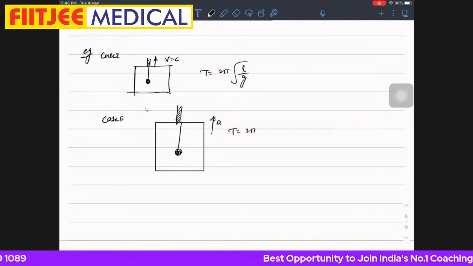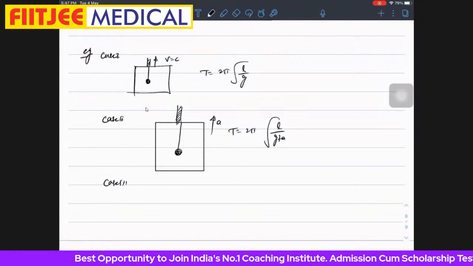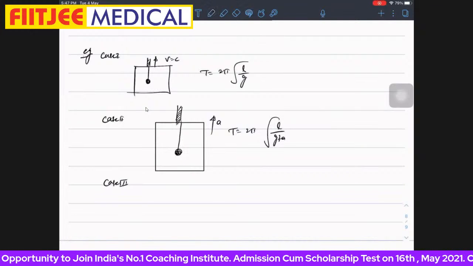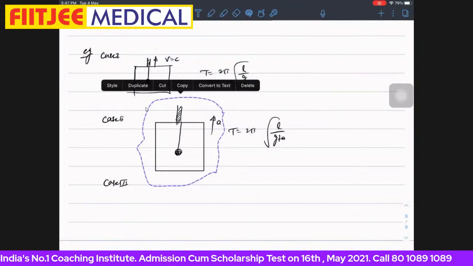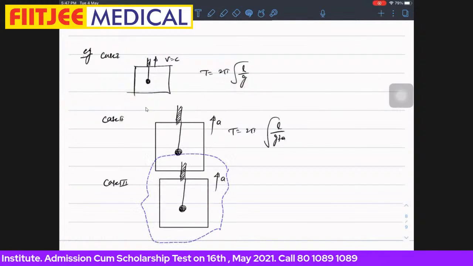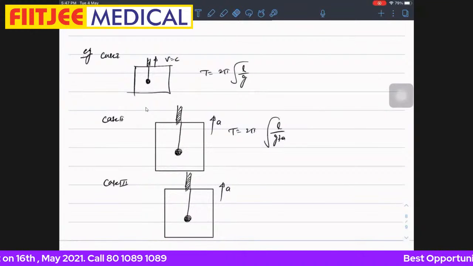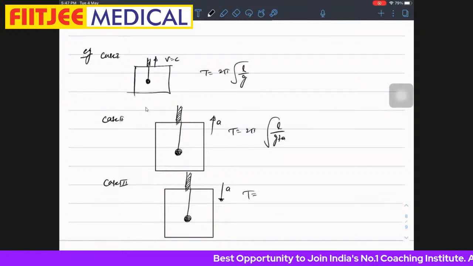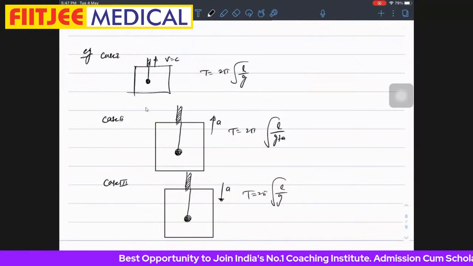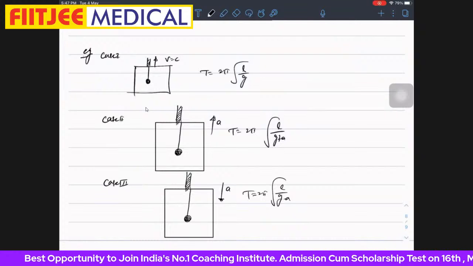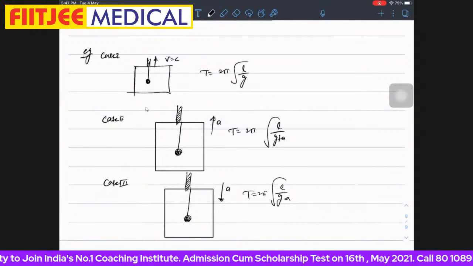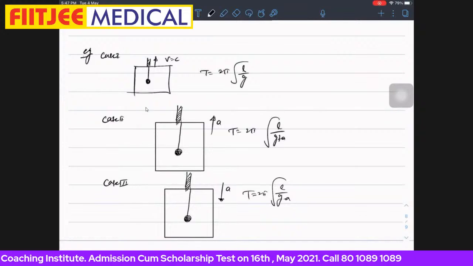So T equals 2 pi root under L by g effective, so g plus a. Case 3: instead of going up, if it goes down, here you can write time period equals 2 pi root under L by g minus a. I have given you three conditions in which the time period of this simple pendulum will vary, but in case of a spring pendulum it remains constant.